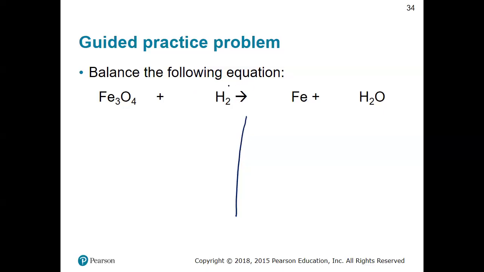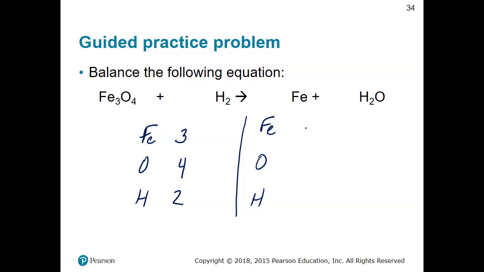So we're asked to balance this equation. Setting up our organization here, I've got iron, oxygen, and hydrogen in this reaction. Looking at my subscripts, I've got 3 irons, 4 oxygens, and 2 hydrogens on the reactant side.